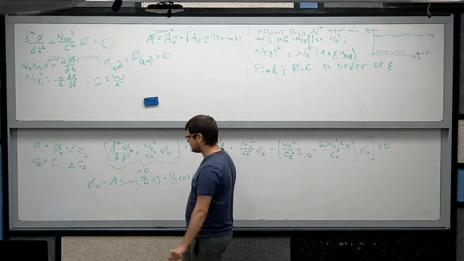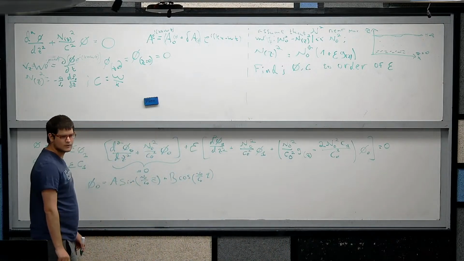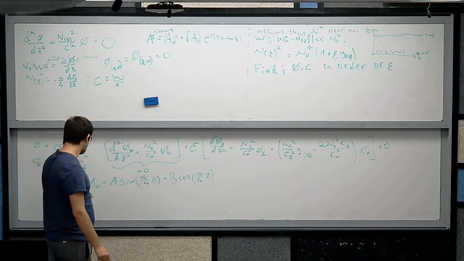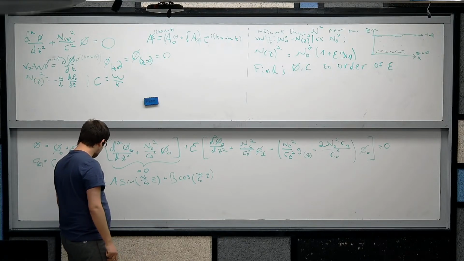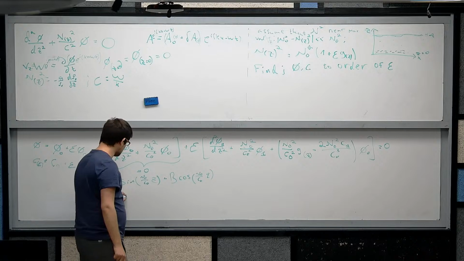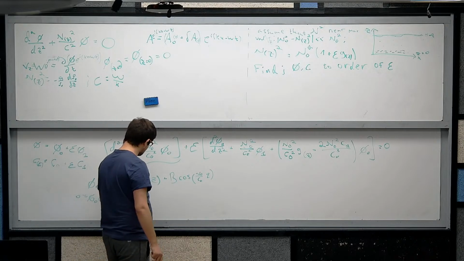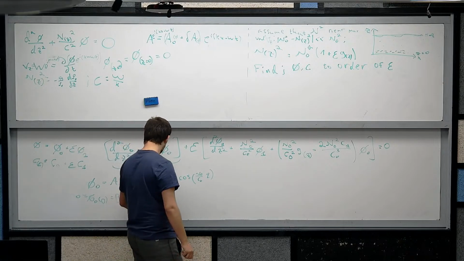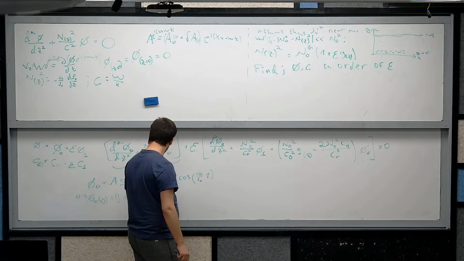And actually, from our constraints, we get that phi 0 at 0 equals b, but that's supposed to equal 0. Therefore, phi 0 is just what? A sine of something at 0.